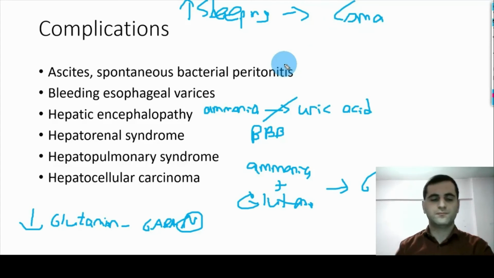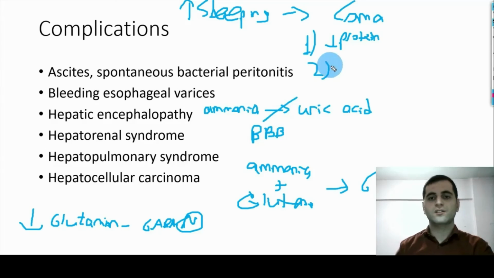to coma. The treatment of hepatic encephalopathy includes, first of all, to advise patients to take less amount of protein, because as you know, protein is the one that is then forming ammonia.